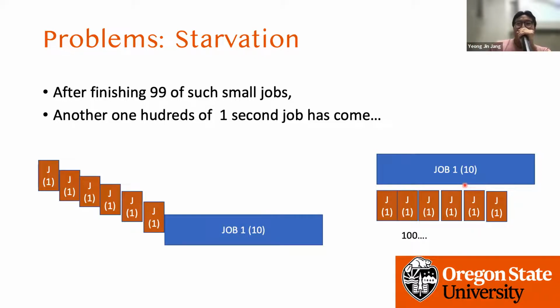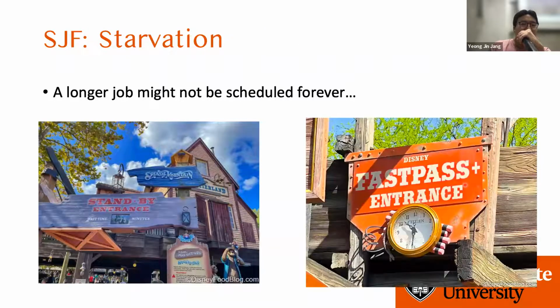There is a matching counterpart in the real world for this case too. When you go to an amusement park, there's a regular entrance and a priority entrance, and right before your turn, if all the people come through the fast pass or something, then you need to wait indefinitely.